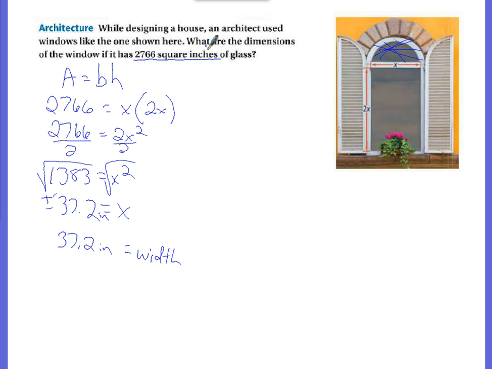I got to find the dimensions. It says what are the dimensions? I'm not just solving for x here. So I also need the height. What's the height? .4 what? Inches is the height.